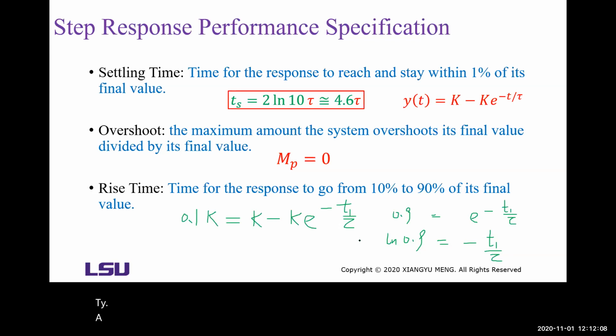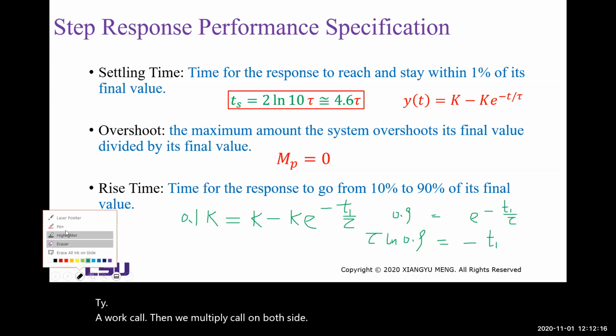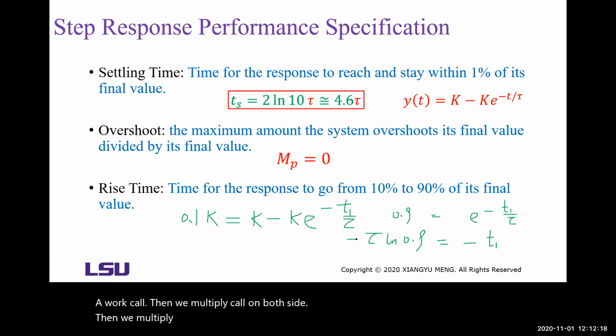Then we multiply tau on both sides, then multiply -1 on both sides. We know T1 is minus tau ln 0.9.